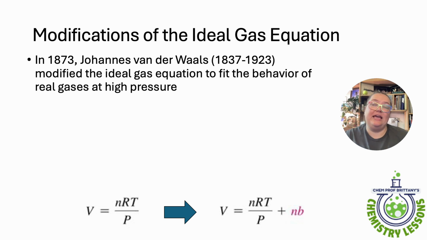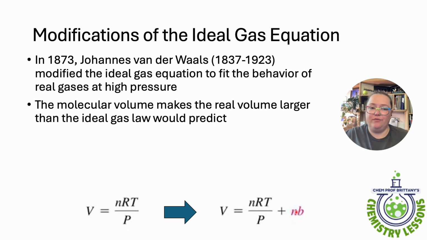So, in 1873, Johannes van der Waals, I have no idea if I pronounced that right, I'm not Dutch, identified the ideal gas equation, and then he modified it in a way that accounts for the real gas behavior at high pressure. So, he has this little addition here for the volume component.